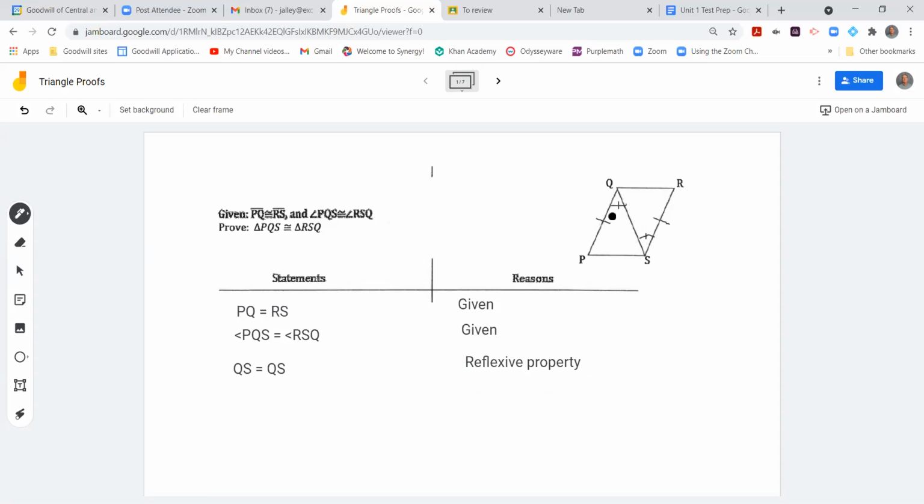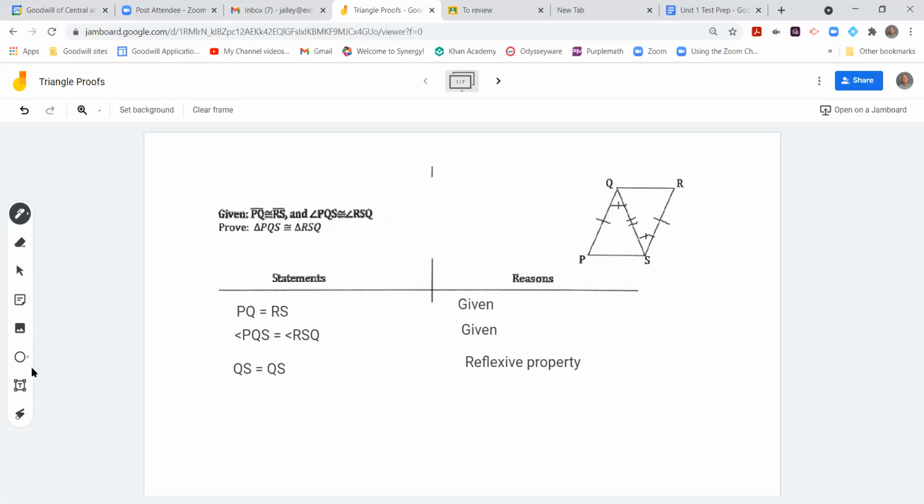So I'll go back in here and mark that twice because that's the second side that's congruent to itself. If you pulled those two triangles apart, maybe that's a way to visualize it and understand exactly why QS is common to both of them. QS is going to be equal to itself even if you pulled them apart.